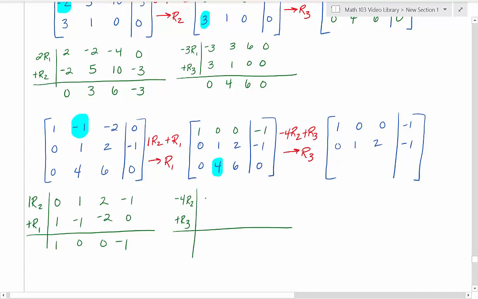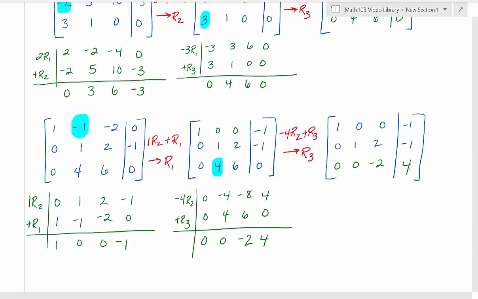Negative 4 times row 2 gives us 0, negative 4, negative 8, positive 4. And we'll add it to our row 3 as is. We get 0, 0, negative 2, 4. And there's our new row 3.